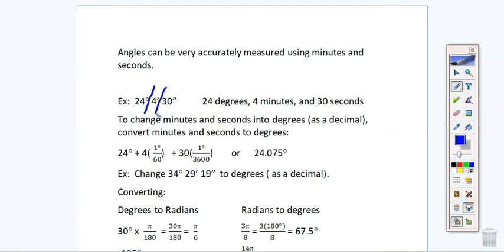Here's how this works. We want to turn everything into what here, kids? Obviously, 24 degrees is already in what unit? It's in degrees. So that's a good thing, right? Because that's where we're going. But now we have this idea that we have to turn 4 minutes into what? Okay, here's how you do this.